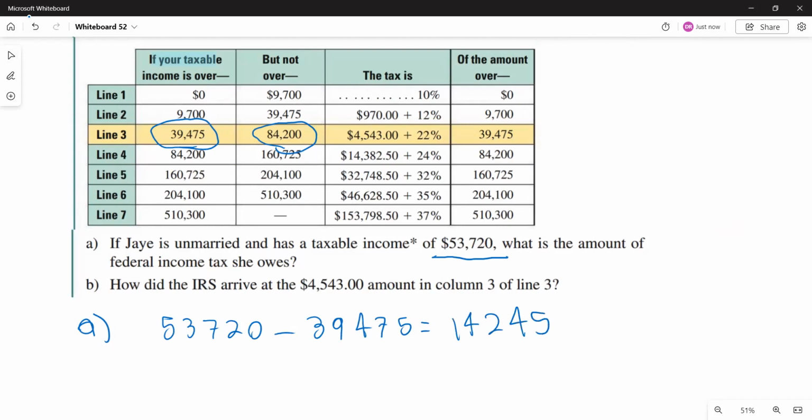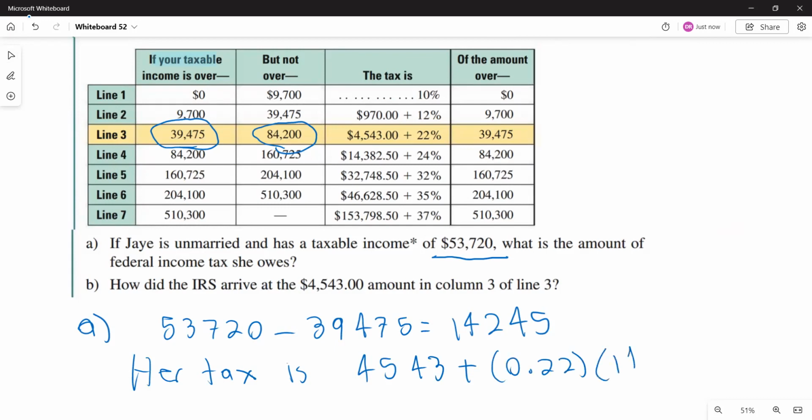That is the amount over 39,475. And the tax she owes is 4,543 plus 22% of the amount over 39,475, which is 14,245.